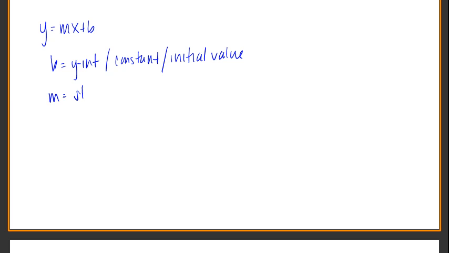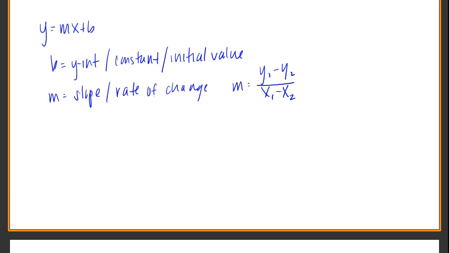m is our slope, and as another definition of slope, it's our rate of change. One way we can find slope is the difference in our y values, y1 minus y2, over x1 minus x2. So it's the difference in the y's over the difference in the x's.